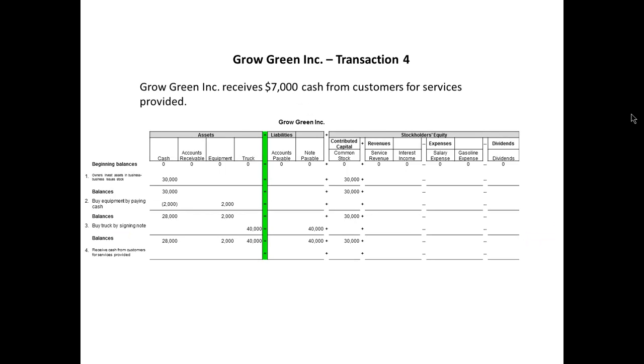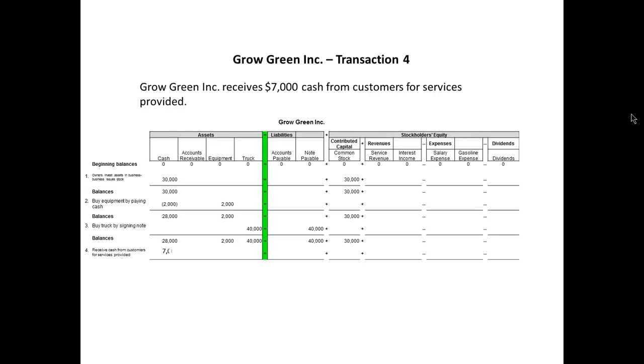In transaction 4, Grow Green receives $7,000 cash from customers for services provided, for example, for lawns mowed. The two accounts affected by this transaction are cash and service revenue. Remember that revenue means earnings, and Grow Green earned as soon as it mowed.